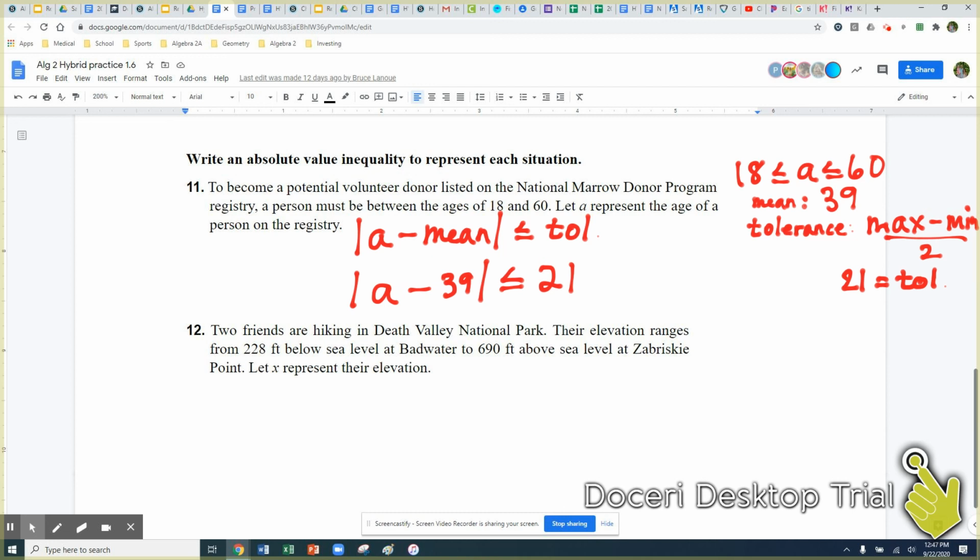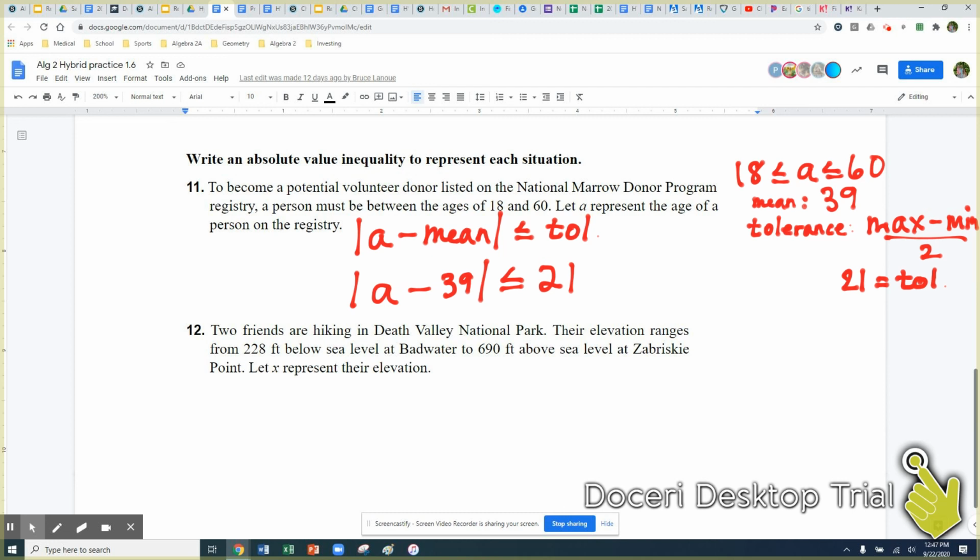So you put in an age. Let's say we put in a 21-year-old. No, let's do a 25-year-old. So 25 goes in for A. 25 minus 39? Negative 14. Is that within the tolerance? Yes, it's less than 21 from 0. You put in a 75-year-old. 75 minus 39? 36.